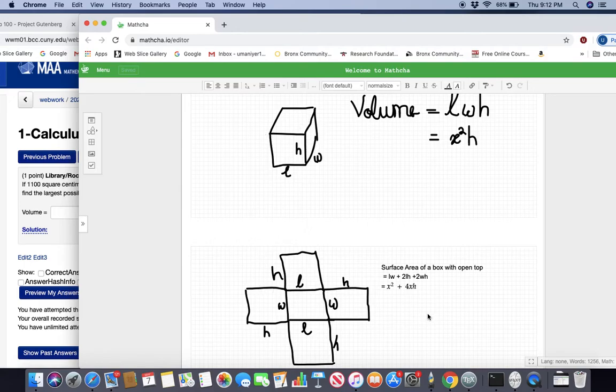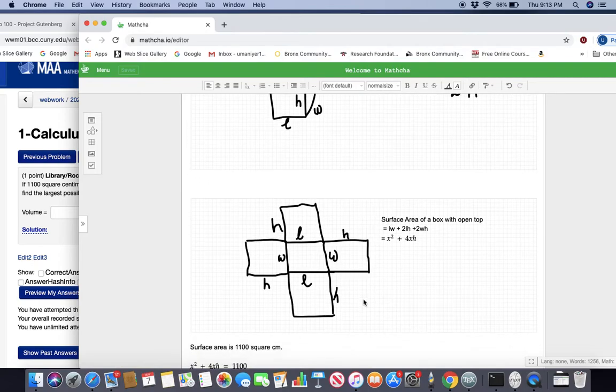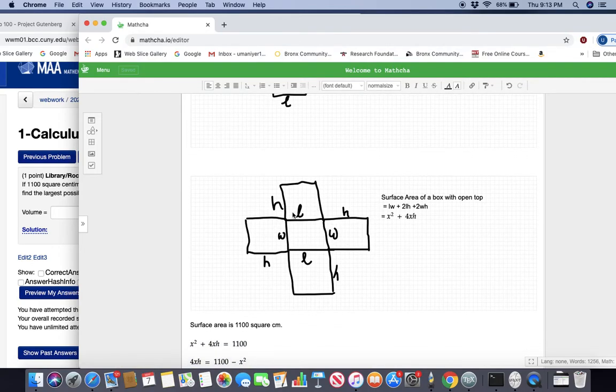These are the four sides. So the base is length and width, and these are the four walls which have fallen down, the height being h. So what is the total area here?